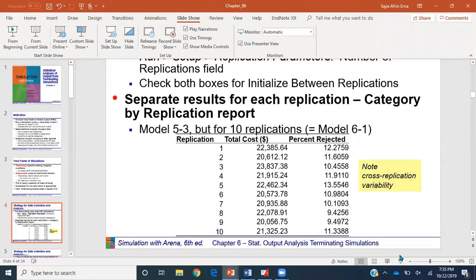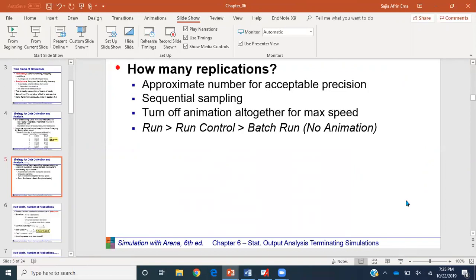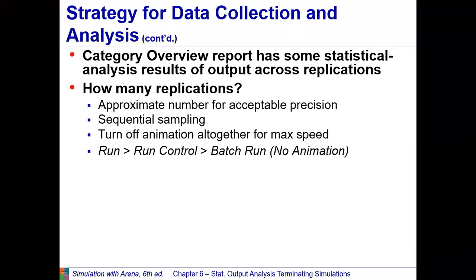So next, we know that there is variability across replications. So how many replications are sufficient to make a statistically significant result? How can we find that?